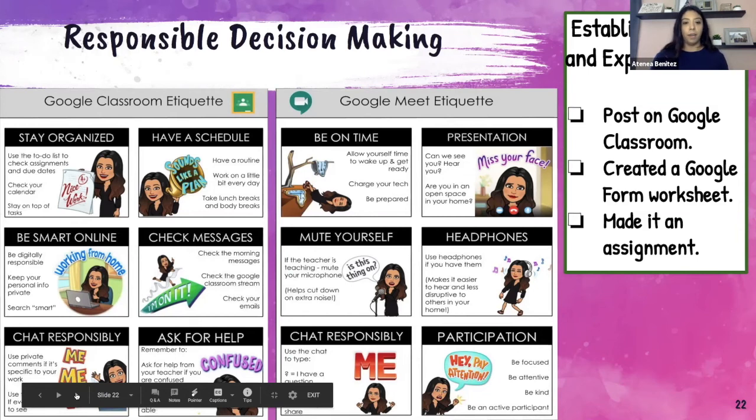And they love when I put my Bitmoji on anything, so that's why now I put it on everything that I do. Some of these are like mute yourself, which some adults need help with as well, headphones, participation, ask for help, chat responsibly, be smart online.